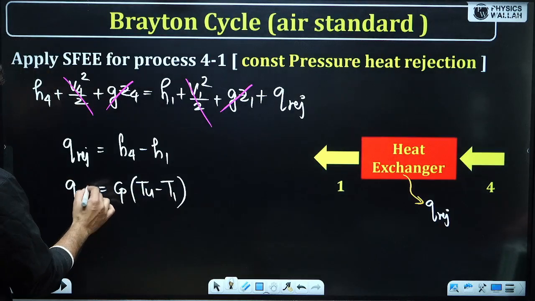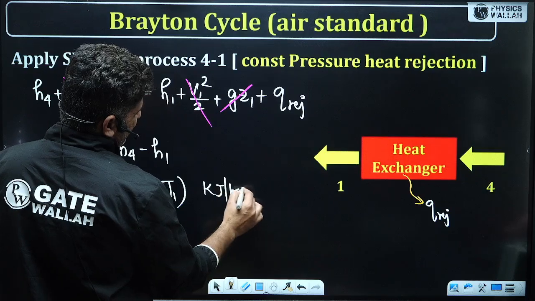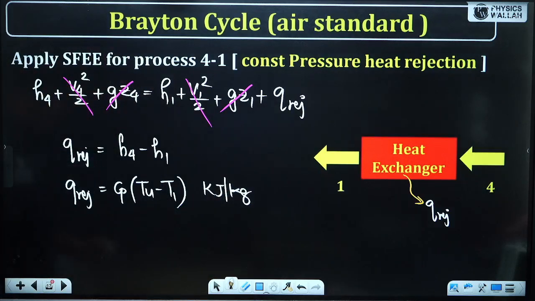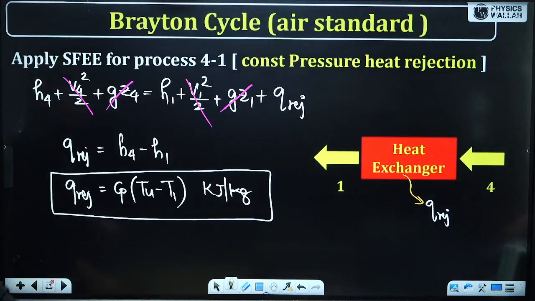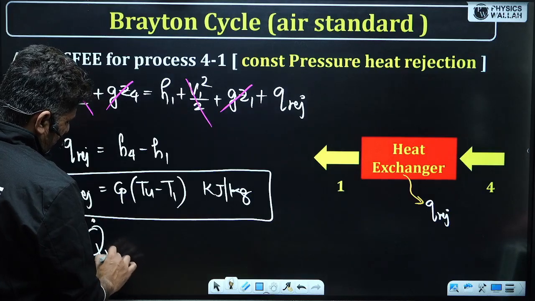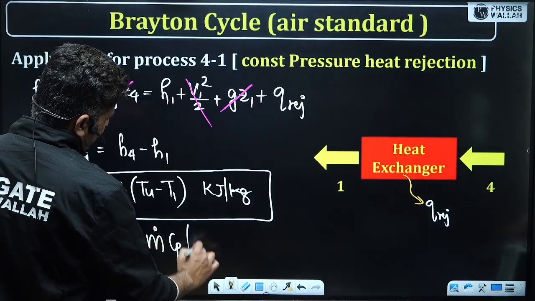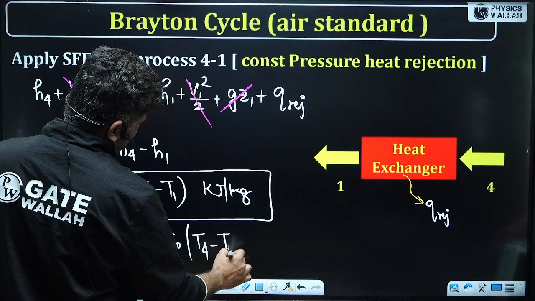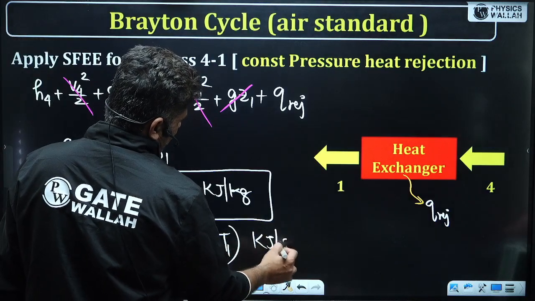So heat rejection will be Cp into T4 minus T1, and the unit will be kilojoule per kg. So the heat rejected by the cycle is Cp T4 minus T1, and if the mass flow rate is m dot, then heat rejection will be equal to m dot into Cp into T4 minus T1, and the unit for this is kilojoule per second.